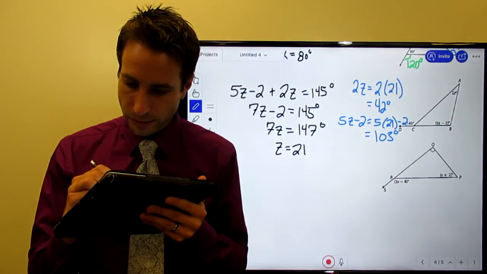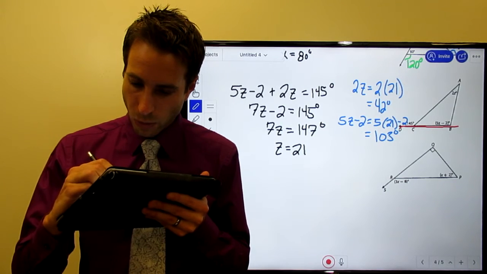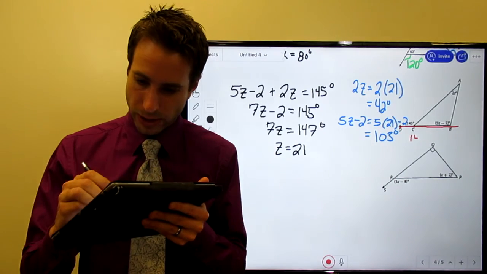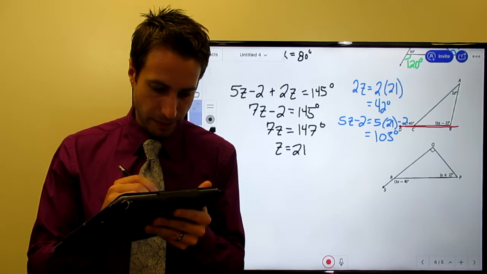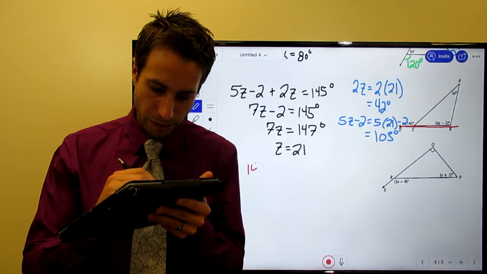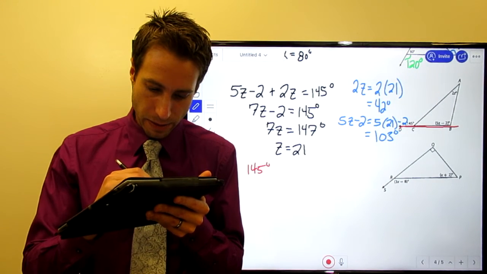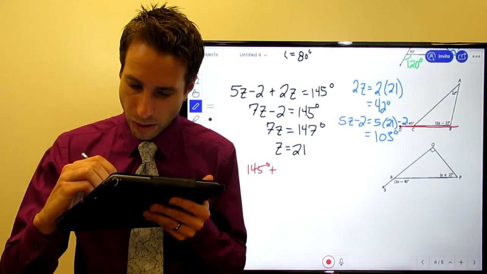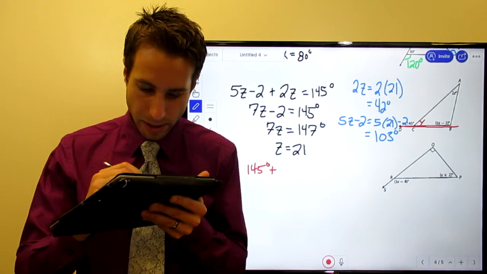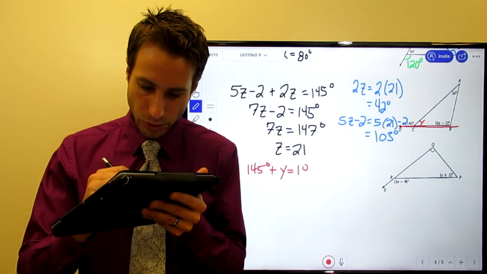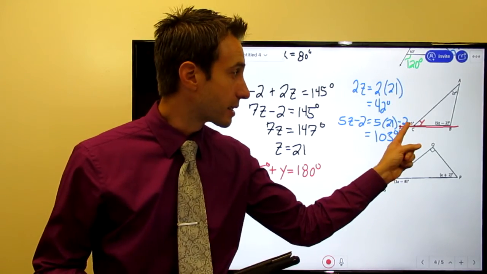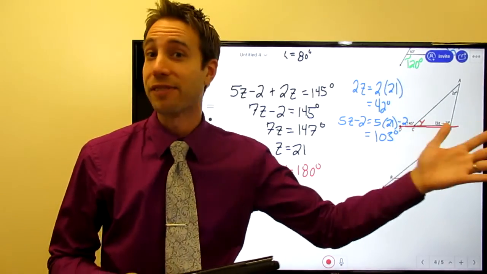I like this one. So, actually, I apologize. That's going to wind up squeezing, and I don't want to do that. 145 plus, let's call that angle y, plus y is equal to 180. I know that this exterior angle and the adjacent interior angle have to sum to 180 degrees.